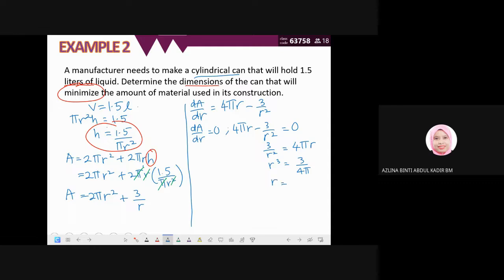So R is the cube root of 3 over 4 pi. This is the value of R. Now we have R. Then, copy it down first.